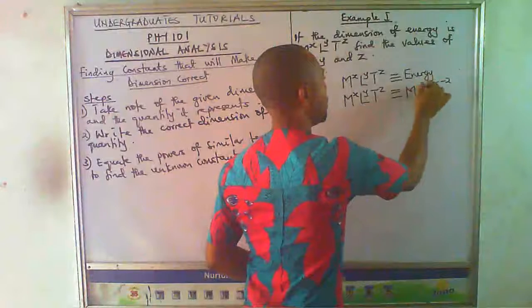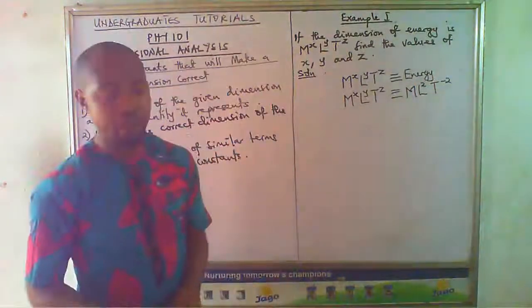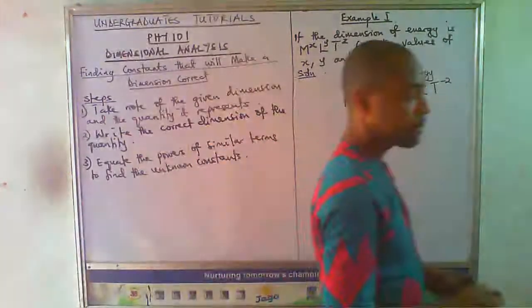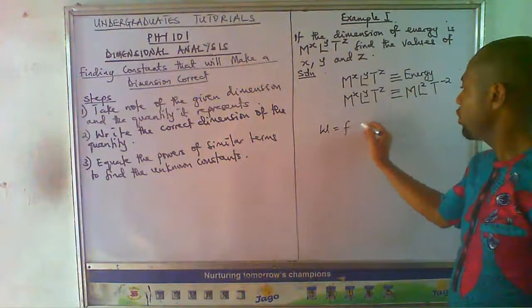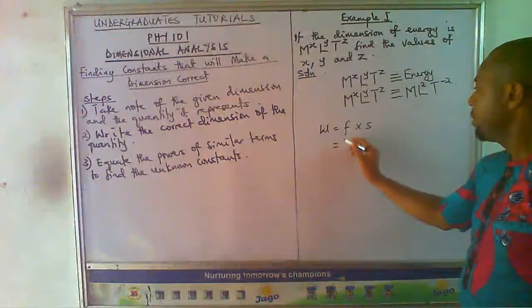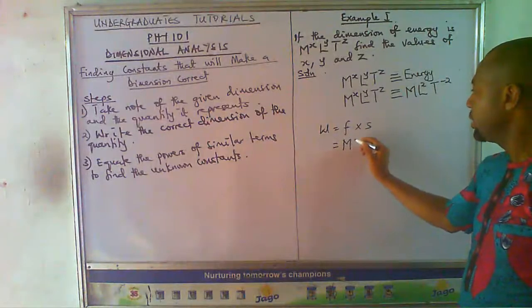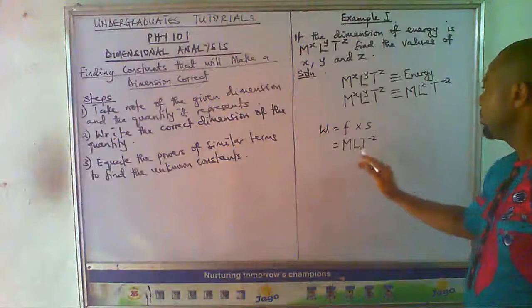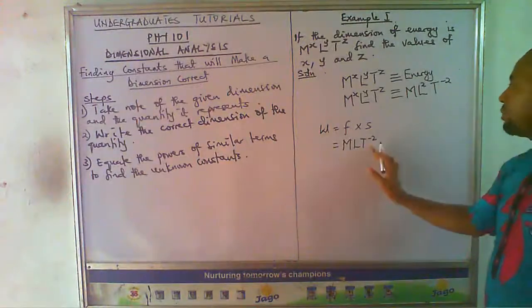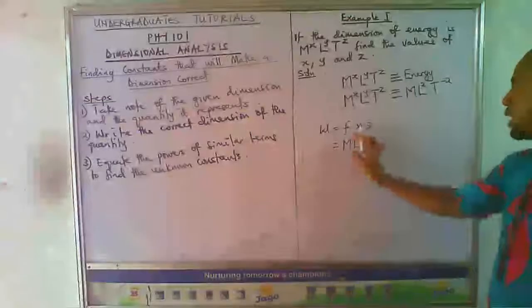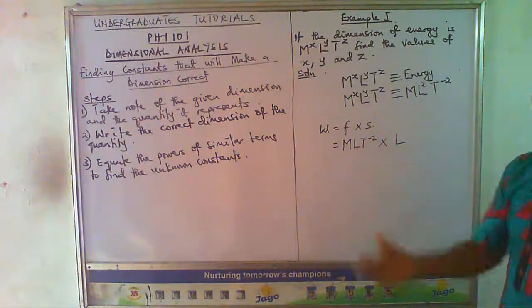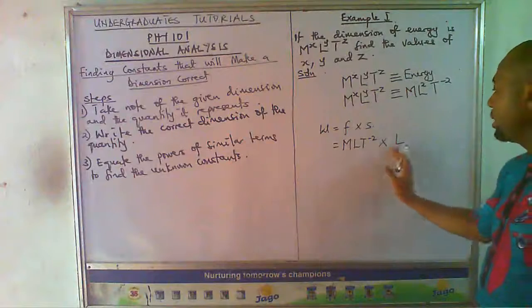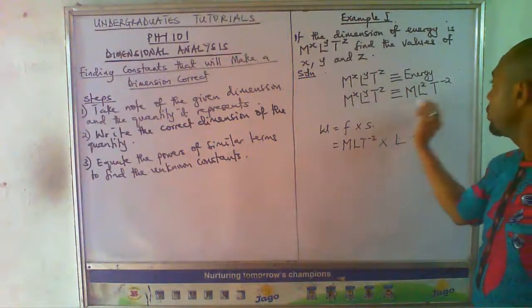That's energy. Remember, energy has the same dimension as work done. And we know that work done is force times distance. The dimension of force is mass times length per time squared. That's mass times acceleration. That's force. Then distance has the same dimension as what? Length. So when you multiply these two terms, you are going to have this.